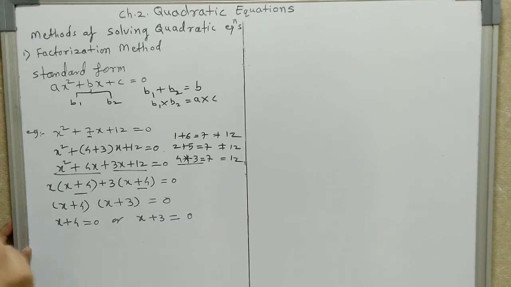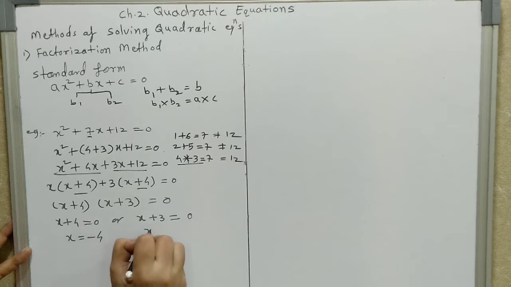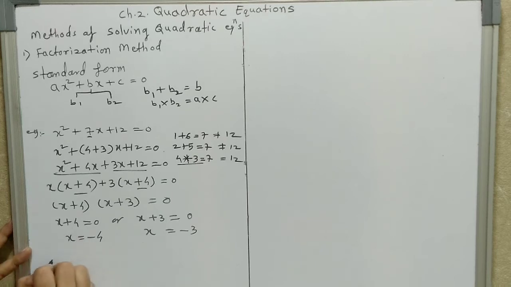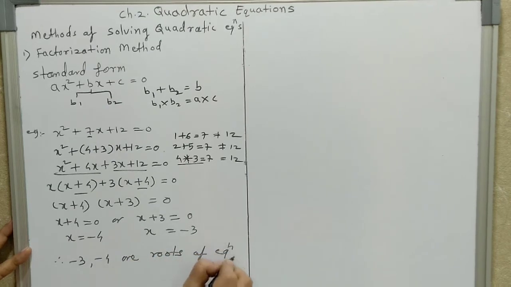So the 4 here is plus, on that side it is minus, so x equal to minus 4. Here also the same, x equal to minus 3. So the solution for x becomes minus 4 or minus 3. These are the roots of the equation. Minus 3 and minus 4 are roots of the equation.